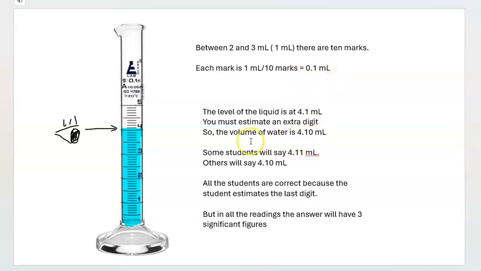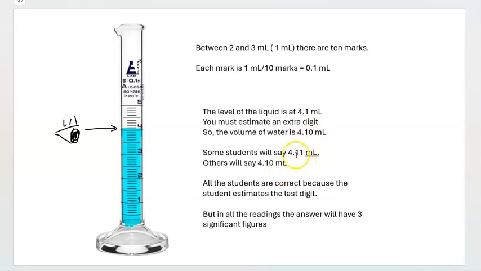And you have to estimate an extra digit because every line is 0.1. Then the extra digit will be in the hundredths. Then you can say that the volume is 4.10, but other students will say 4.11.